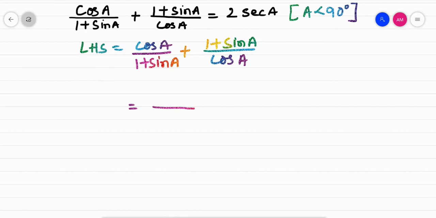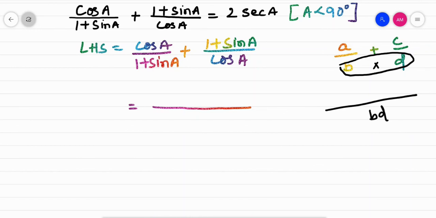First you have to find the LCM, and in trigonometry it would be better if you follow the butterfly rule. What is the butterfly rule? Suppose you have a by b plus c by d. The butterfly rule says that you multiply the denominators, b into d, and then you cross multiply, a multiplied by d, so you will get ad here, plus next you multiply b with c, so ad plus bc by bd.